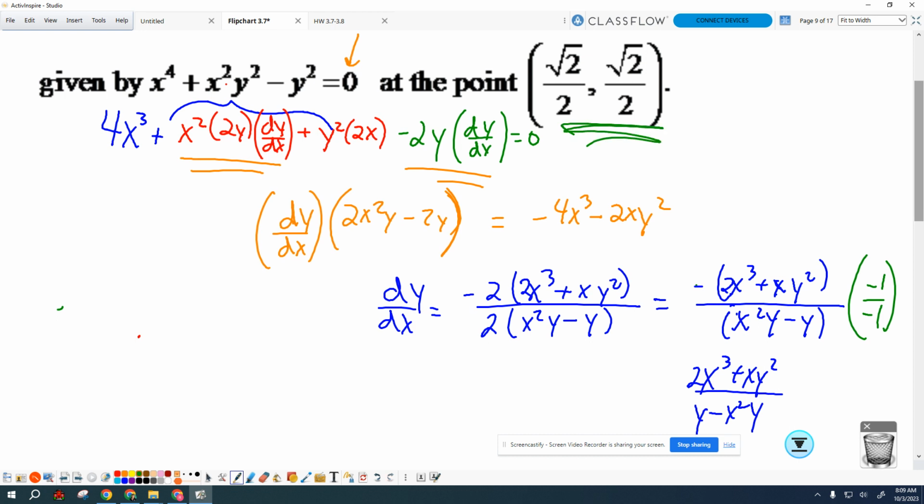Here's the big question. What is the slope evaluated here? So what is dy/dx at root 2 over 2, root 2 over 2? Without a calculator, figure it out.